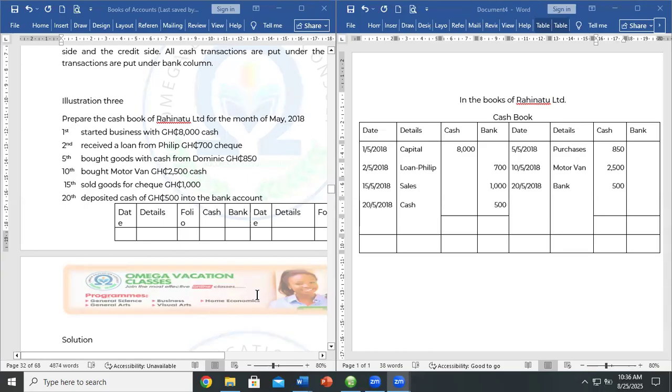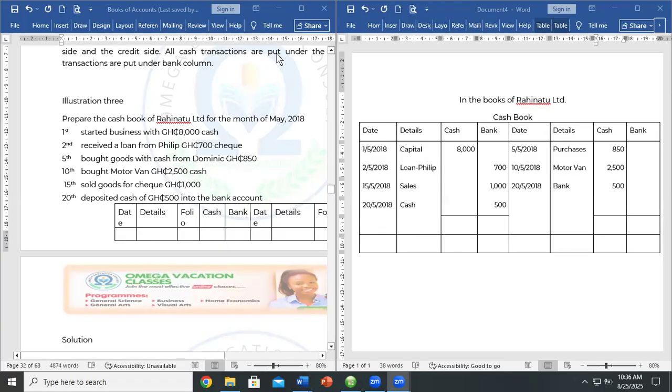If the requirement is that you need to balance off the account, yes, you have to. If the question does not say balance off or doesn't tell you to extract a trial balance, please don't stress yourself. The requirement of the question tells you what to do.